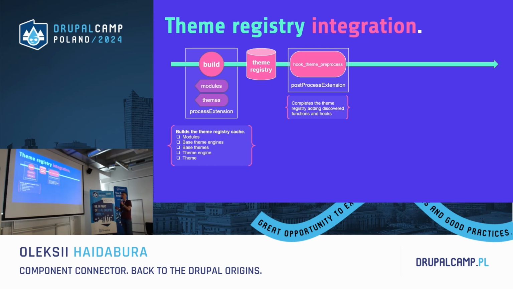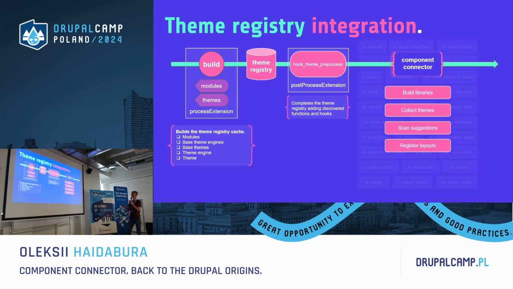Drupal core goes through any possible preprocess function and basically allows you to change it. And after that, Component Connector starts to work, and it builds libraries, collects themes, scans suggestions, and registers new layouts. Yes, with this module you can create hook themes, you can even create layouts and so on.